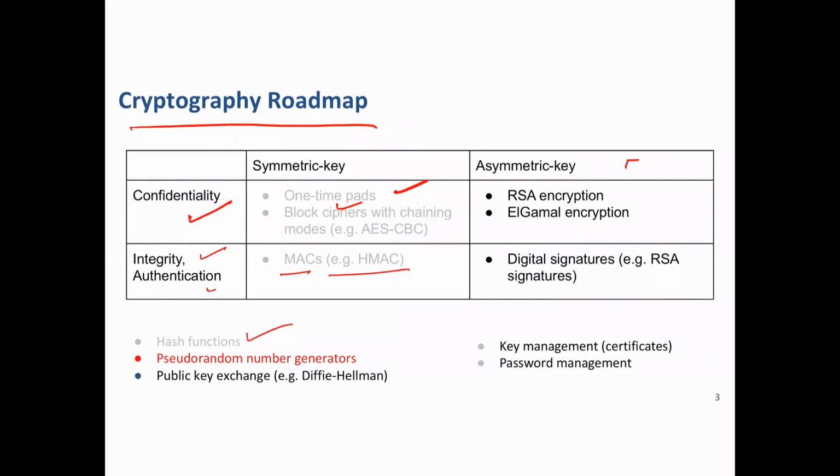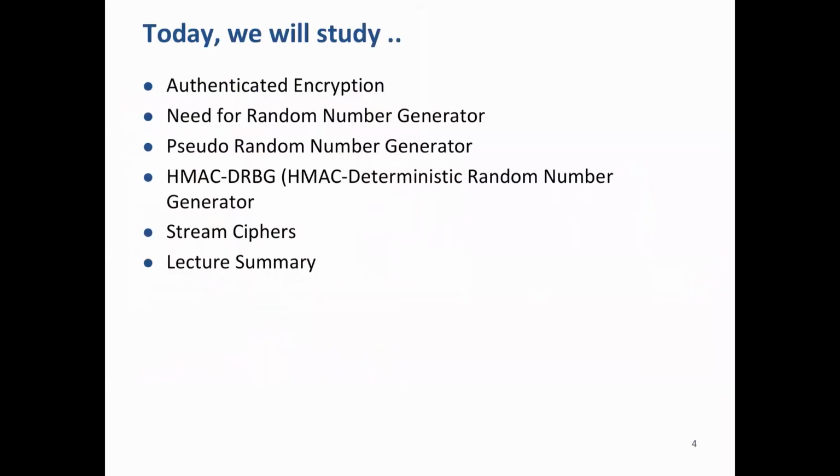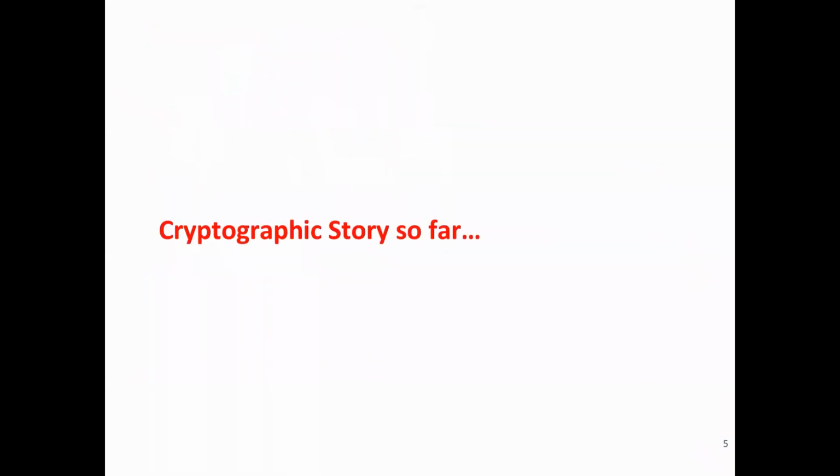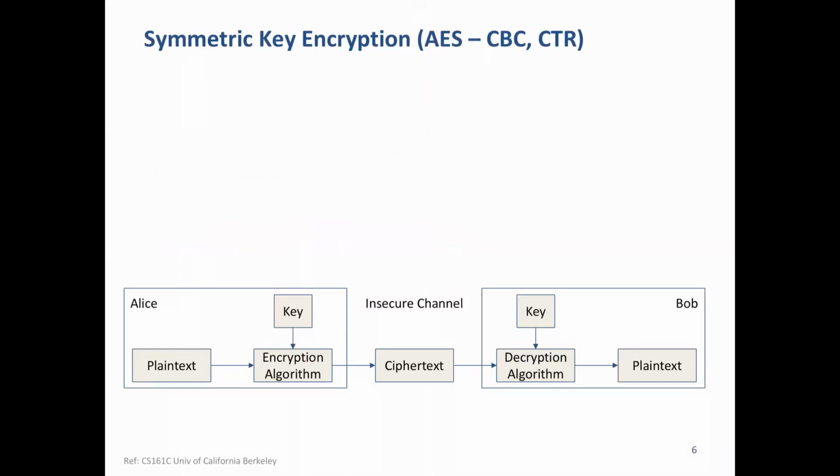Okay, this part we have to do, and this also, like digital signature, etc., we will study later on. Okay, so today we'll study this one. Okay, and of course authenticated encryption. Okay, all right. Before that, let's see what we have done so far.